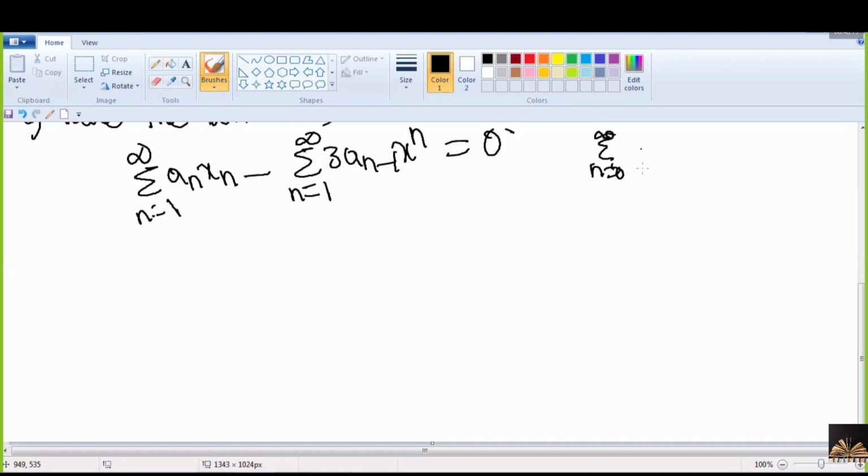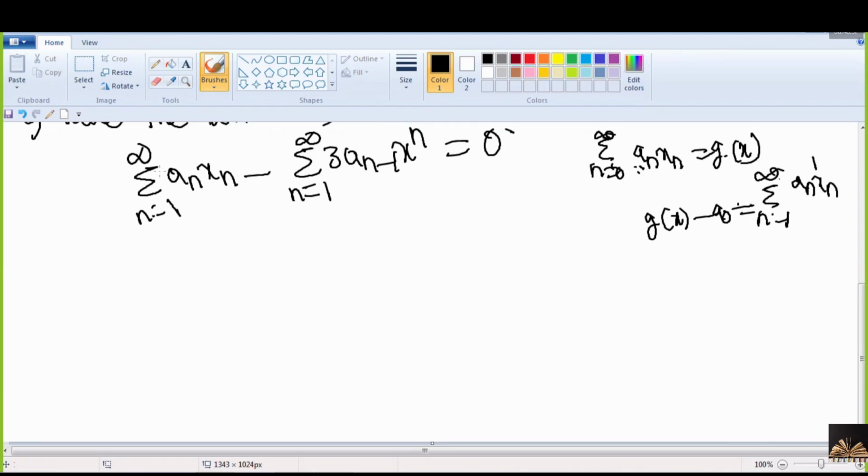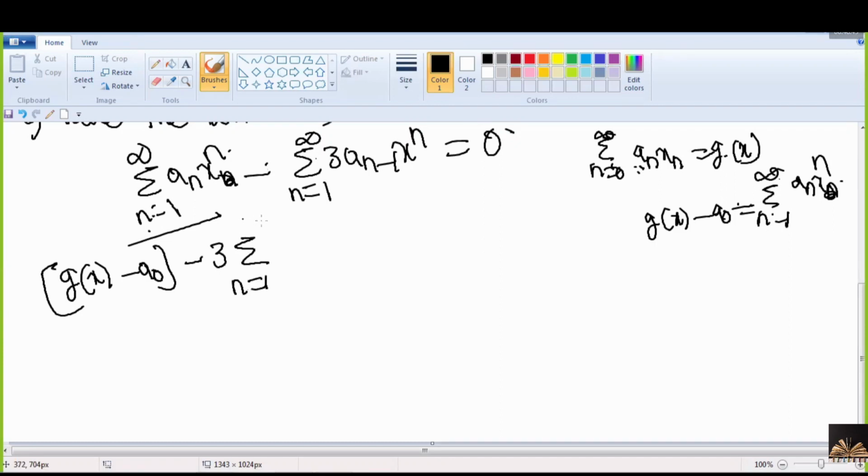When you move the first term from here to this side, now it becomes summation of n equal to 1 to infinity an into x power n, a0 minus, you can take this 3 out of this summation and it becomes n equal to 1 to infinity.